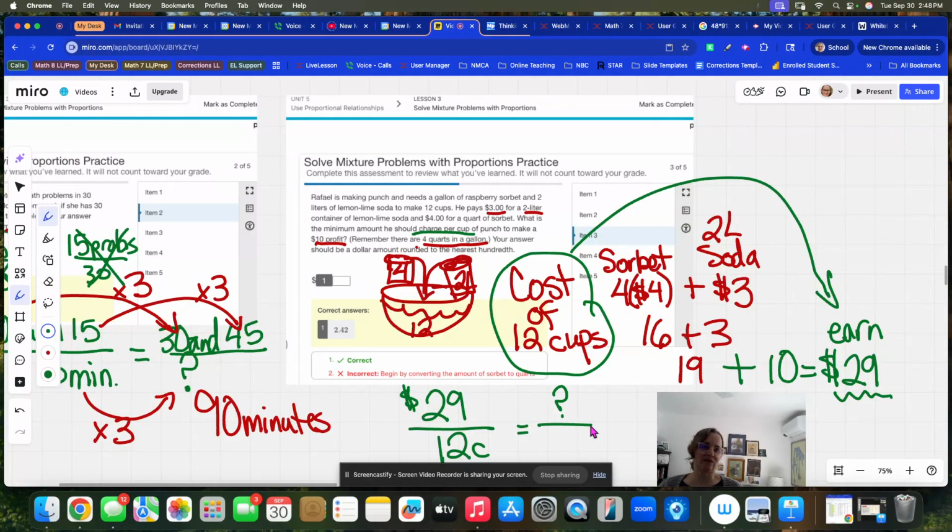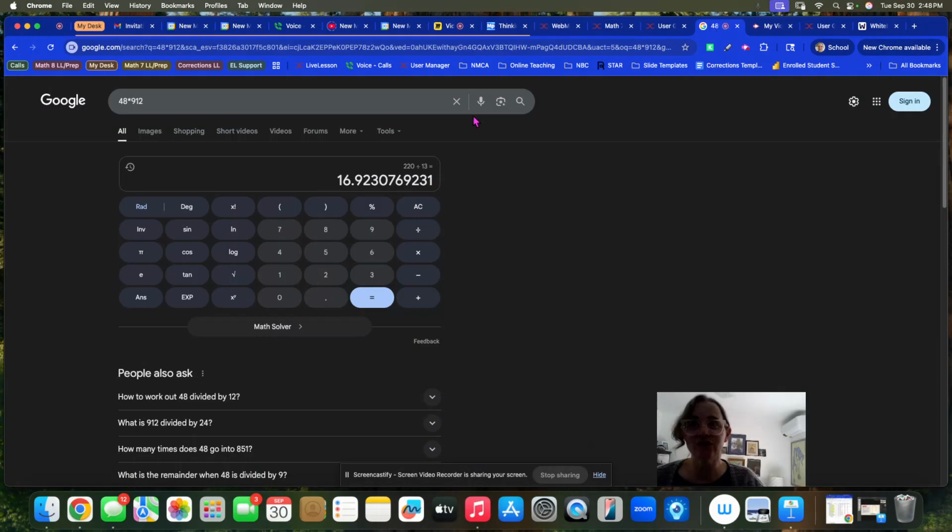And now this starts to look like a unit rate problem, right? Okay, so really I can just take the 29 and divide by 12, and I should get that answer that is showing right here. Okay, so let's grab a calculator. $29 divided by 12 cups. $29 divided by 12. 2.416. The cent is the 1, and the 6 next to it says round it up.